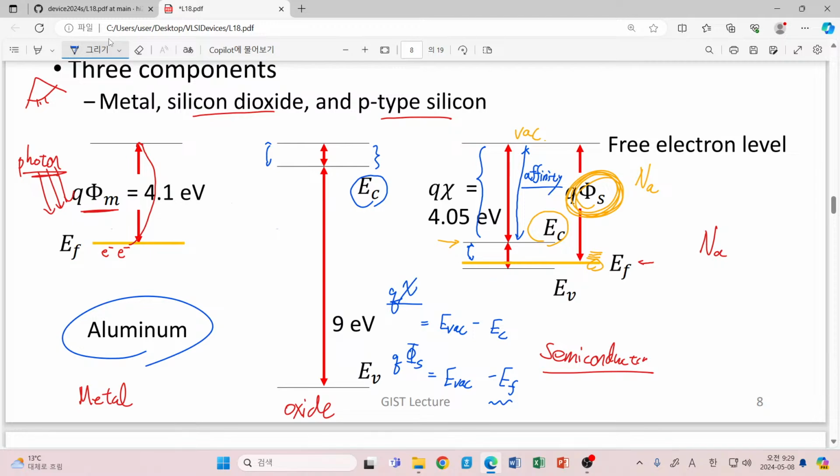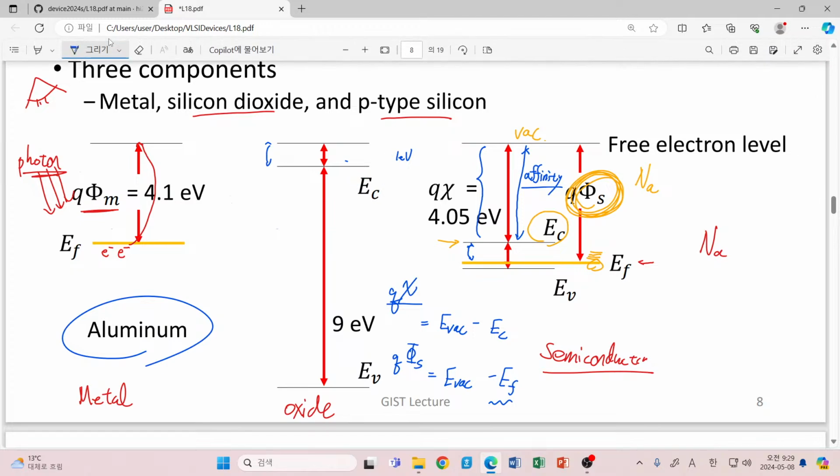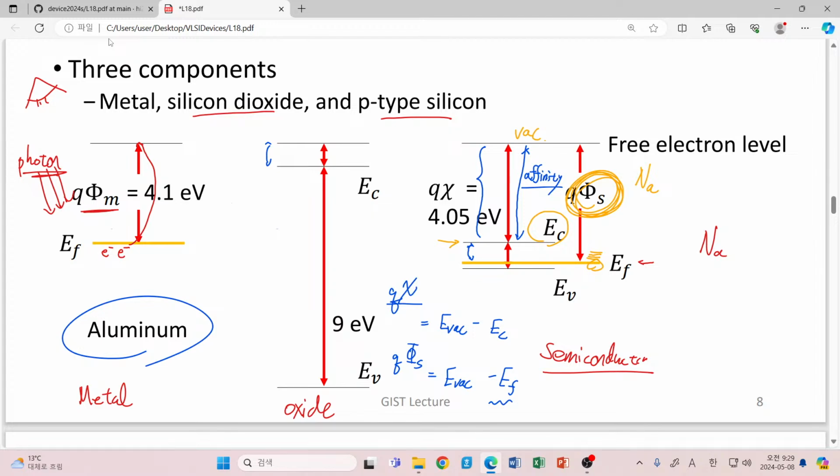It means that if we have a certain electron here, then with approximately 1 electron volt, it can escape this silicon dioxide system and become a free electron. So between these two, this is roughly 1 electron volt, and this is roughly 4.1 electron volt. We have a significant difference between the conduction band level and the vacuum level.